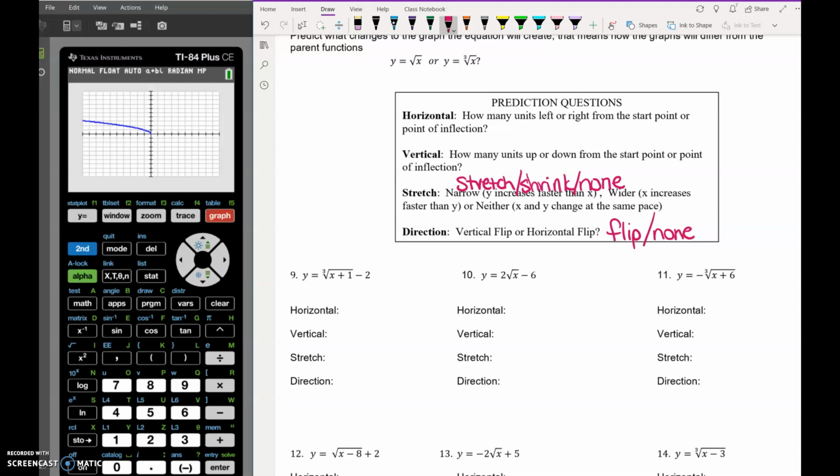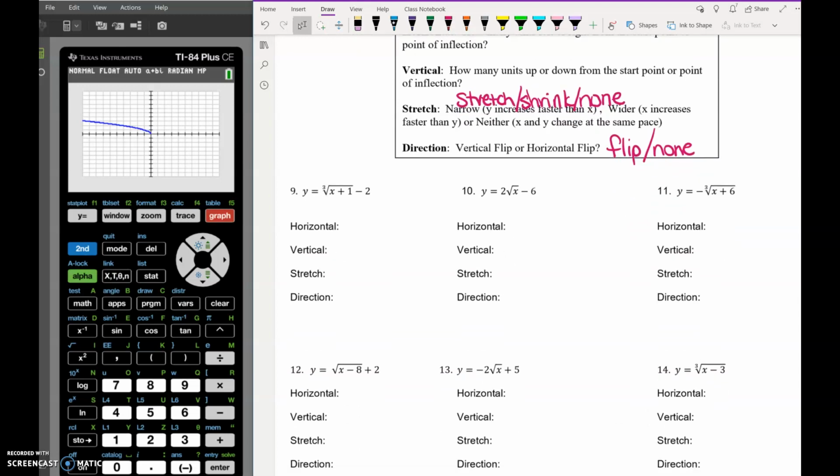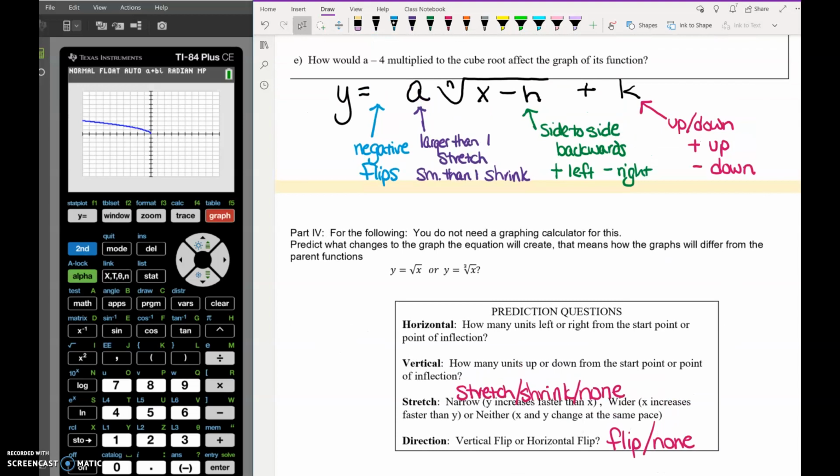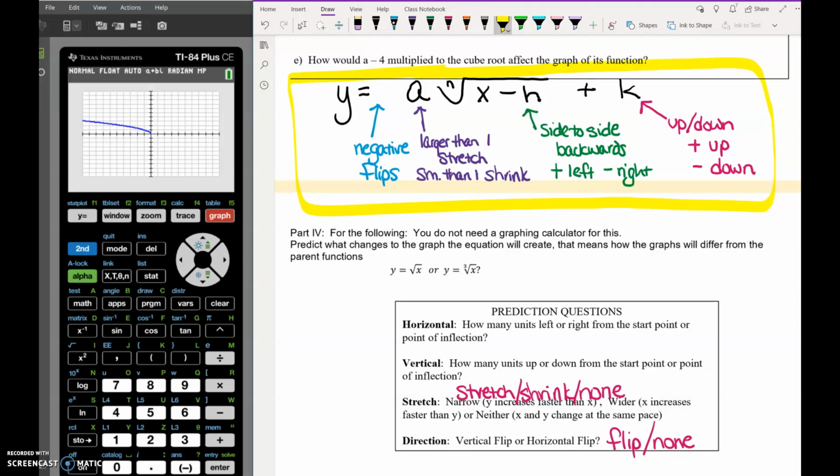It should just be vertical flips. So is there a flip or not? So your assignment for next time is to look at numbers 9 through 14 and think about this thing that we just went through and predict what each of those graphs are going to look like based on their equations.